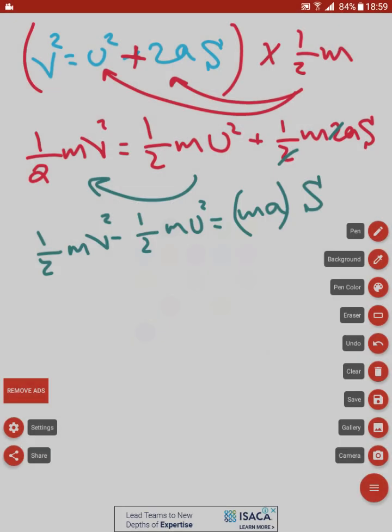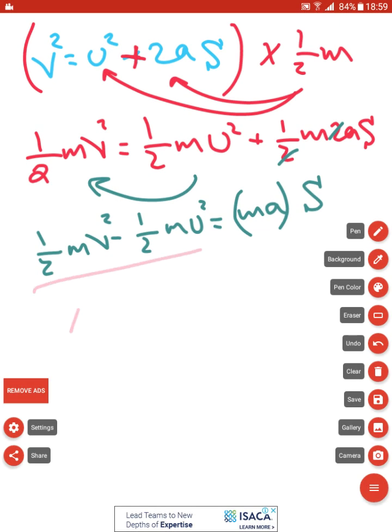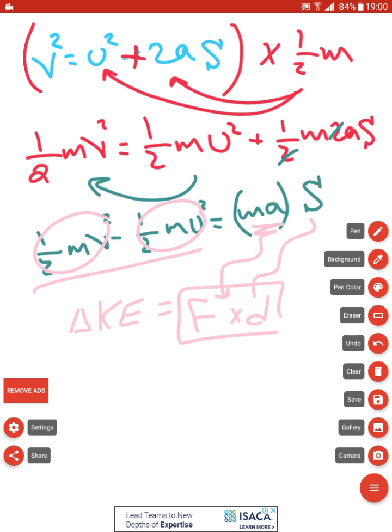So we have here the change in kinetic energy on this side: half m v squared, the final kinetic energy, minus the initial kinetic energy. Mass multiplied by acceleration is the force. Displacement is the distance. Force multiplied by distance is the work.